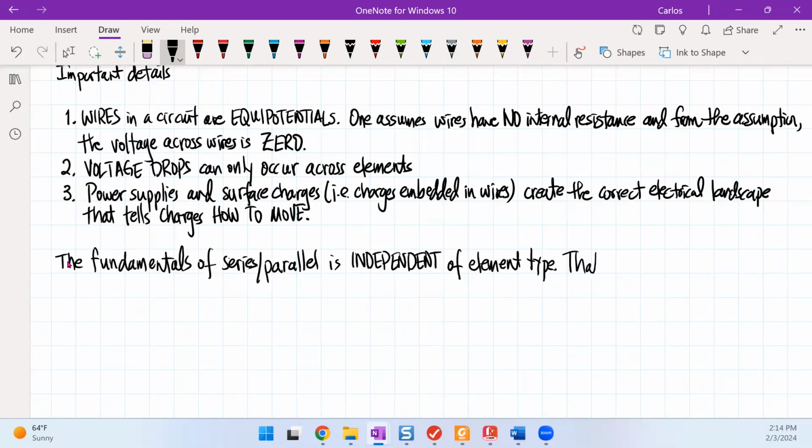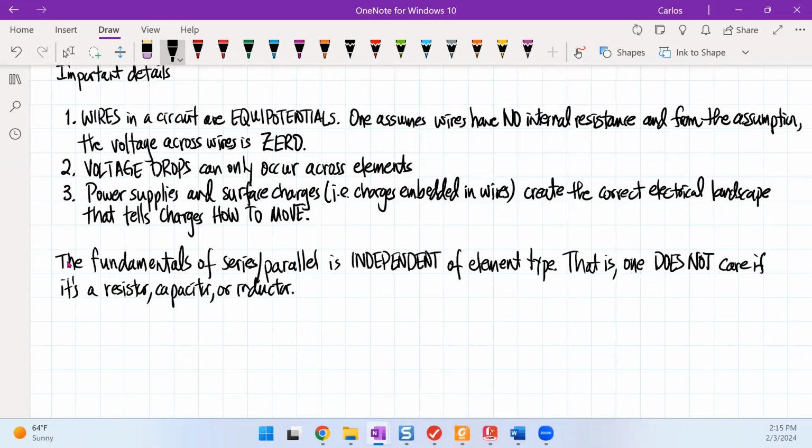That is, one does not care if it's a resistor, capacitor, or inductor, or whatever. Their overall behavior is the same.